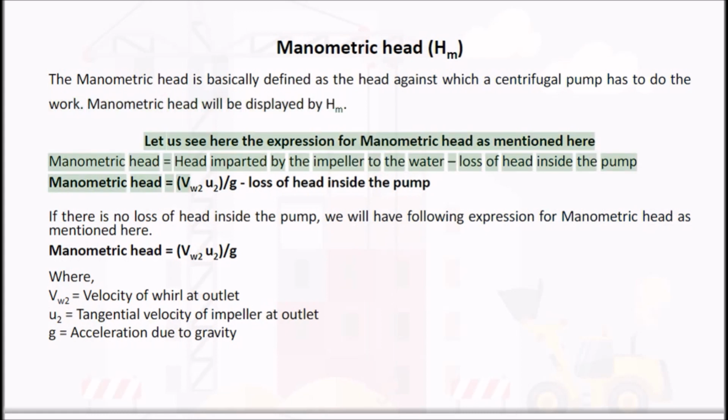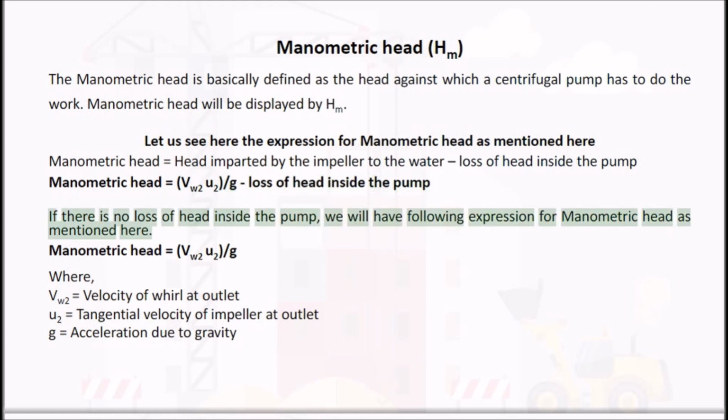Let us see here the expression for manometric head as mentioned here. Manometric head equals head imparted by the impeller to the water minus loss of head inside the pump. Manometric head equals Vw2 u2/g minus loss of head inside the pump.